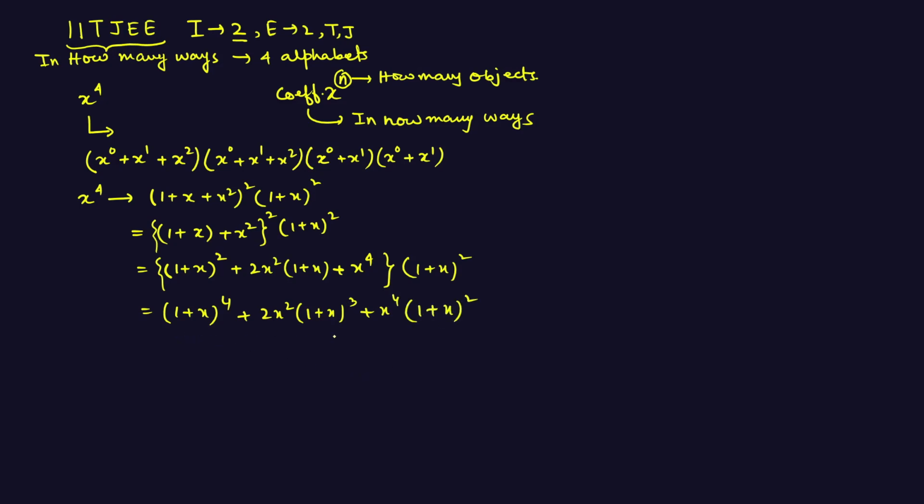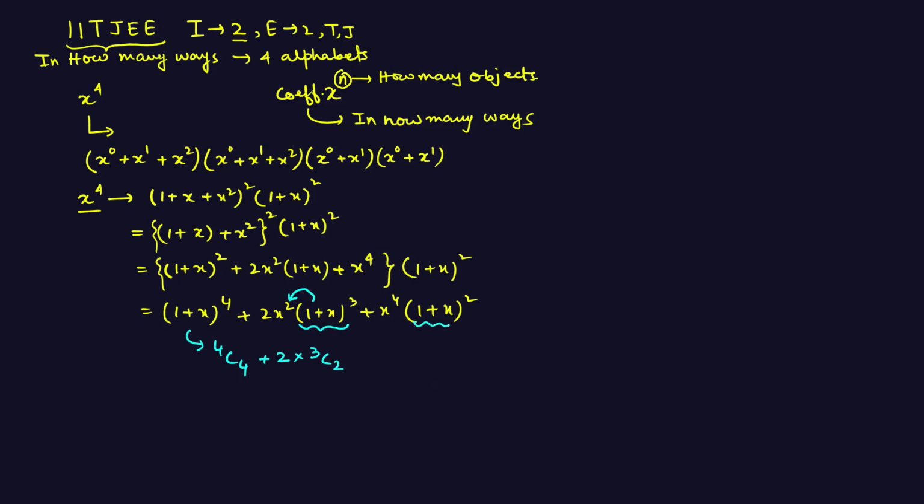So from this expansion, I want to find out the coefficient of x to the power 4. From here we are getting the coefficient of x to the power 4 as 2C4. From this expansion, I need the coefficient of x square only. Why? Because that when multiplied with x square gives us x to the power 4. And the coefficient will be 2 times the coefficient of x square from this expansion, which is 2C2.